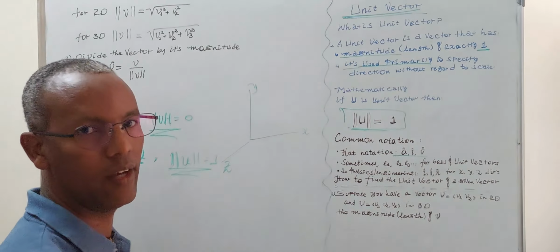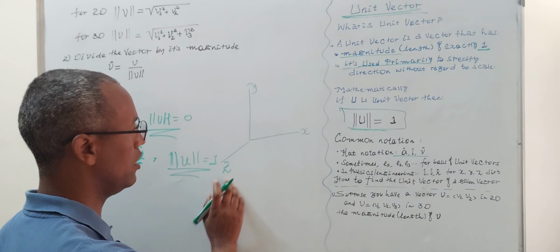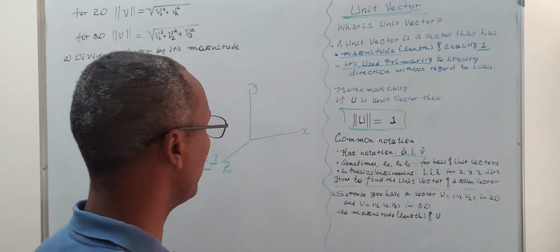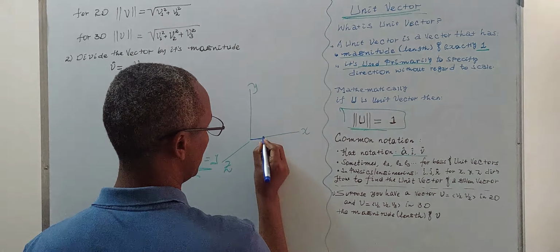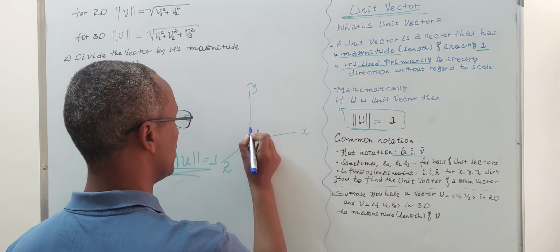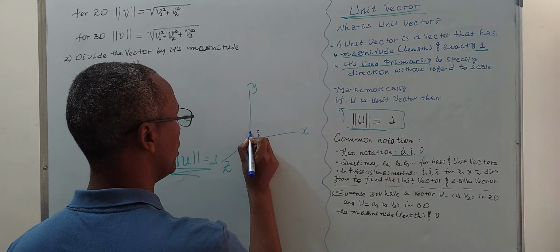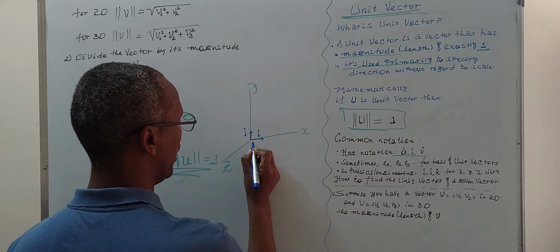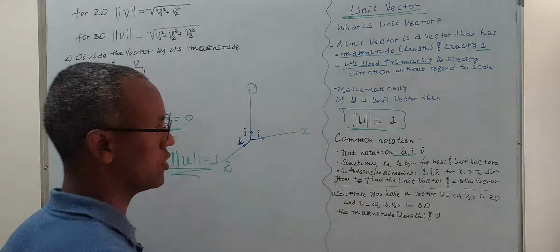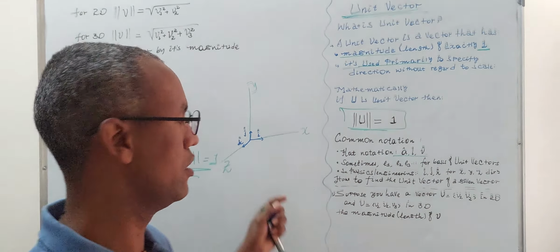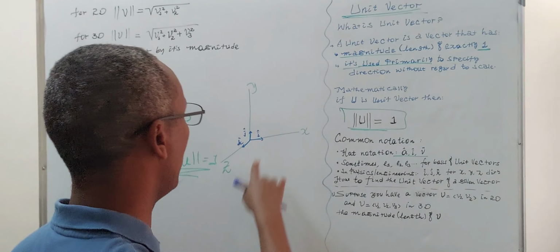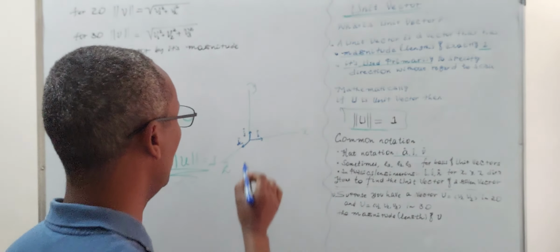Then this is the unit vector i, this is the unit vector j, and this is the unit vector k. Those are how to represent unit vectors: i, j, k.